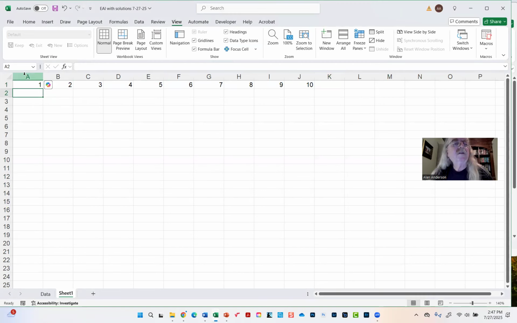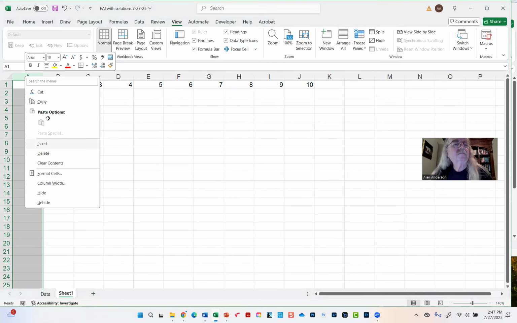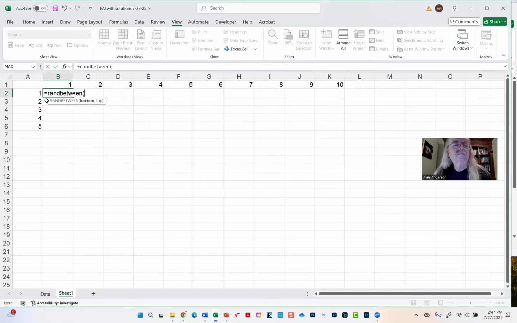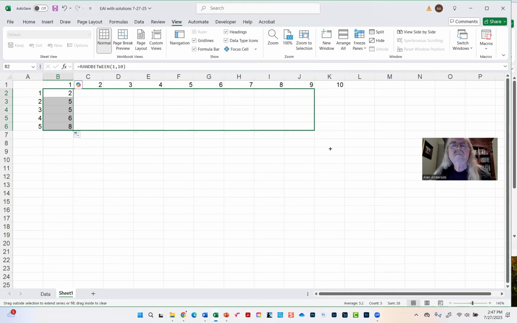Okay, so what I'm going to do is use Excel's RANDBETWEEN. Let's say that the values have to be between 1 and 10.